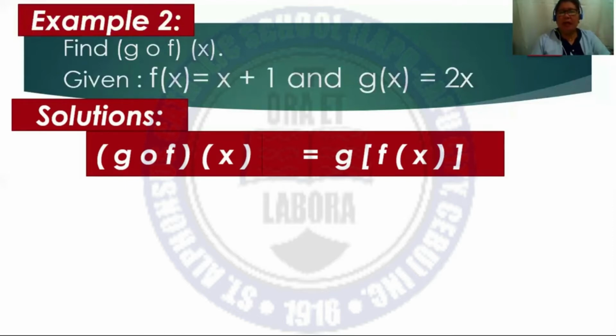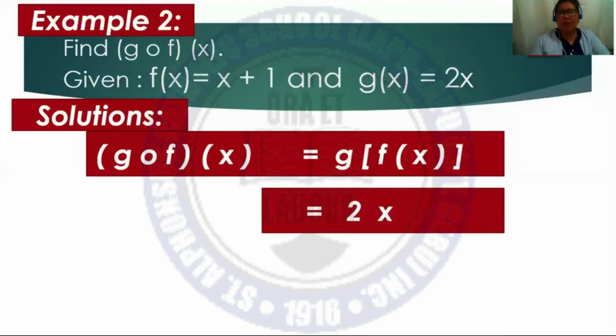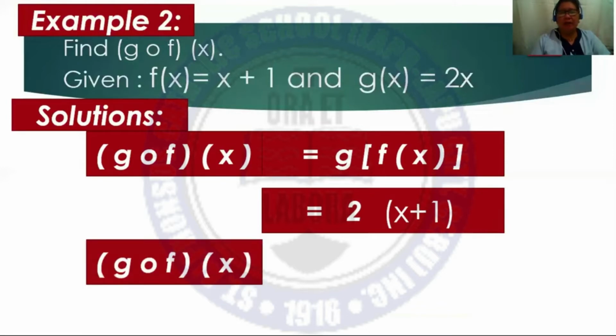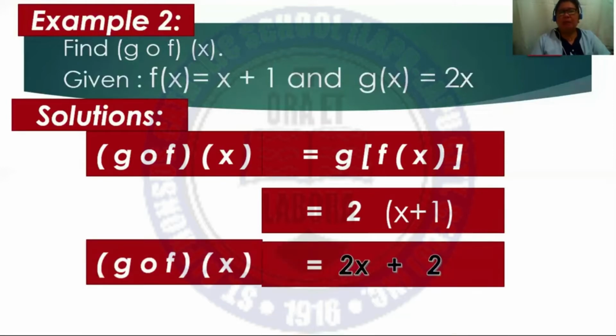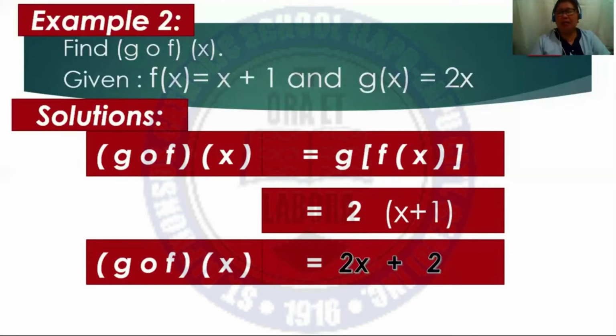So this time, we have to follow the pattern of g of x, which is 2x. Then we replace x by x plus 1. Simplifying the expression, distribute 2 to x and 2 to 1. So what we have now is g circle f of x is equal to 2x plus 2.